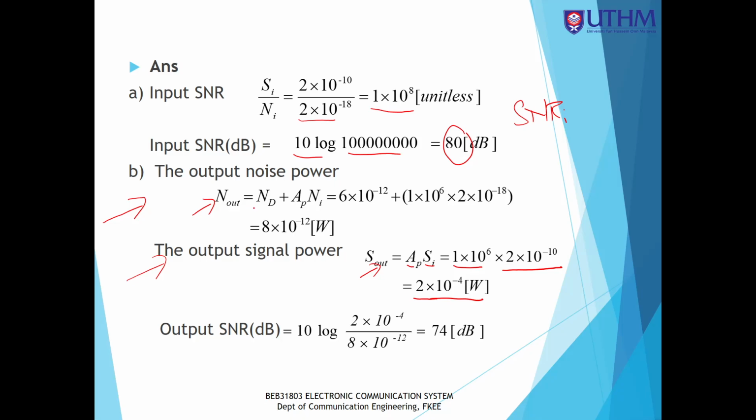Output noise power is equal to the internally generated noise plus the gain multiplied by the input noise power. So this is ND, 6 times 10 power of minus 12, plus the gain multiplied by the input noise. So you get 8 times 10 power of minus 12 watt. Therefore, the output SNR in decibel is 10 log of S out divided by N out. So you get 74 decibel. Okay, 74 dB. Kalau ada soalan boleh terus tanya.